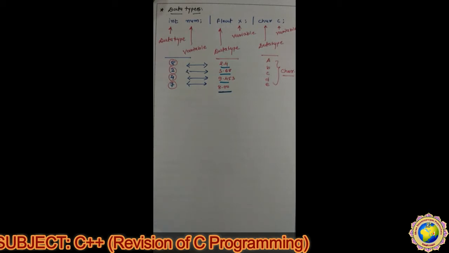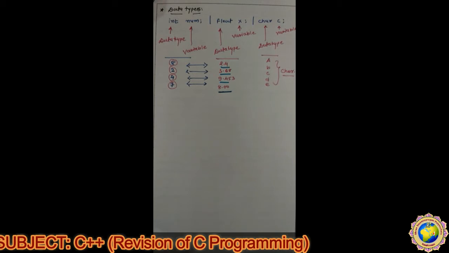It means that in the integer you can store only the numeric value, in the float you can store only the value with the fractional part, in the character you are going to store the value just like the characters, and the further data types are the string, long, double. So they are the variables.